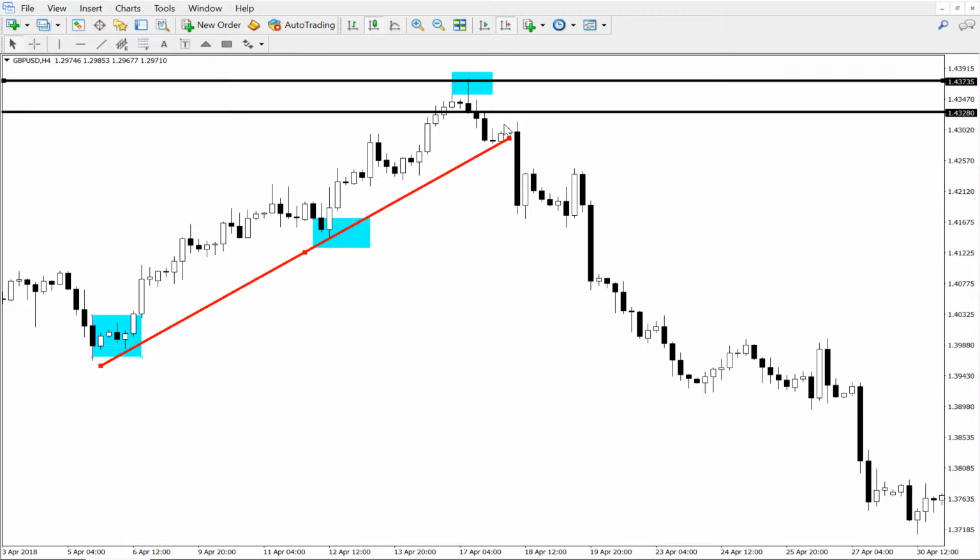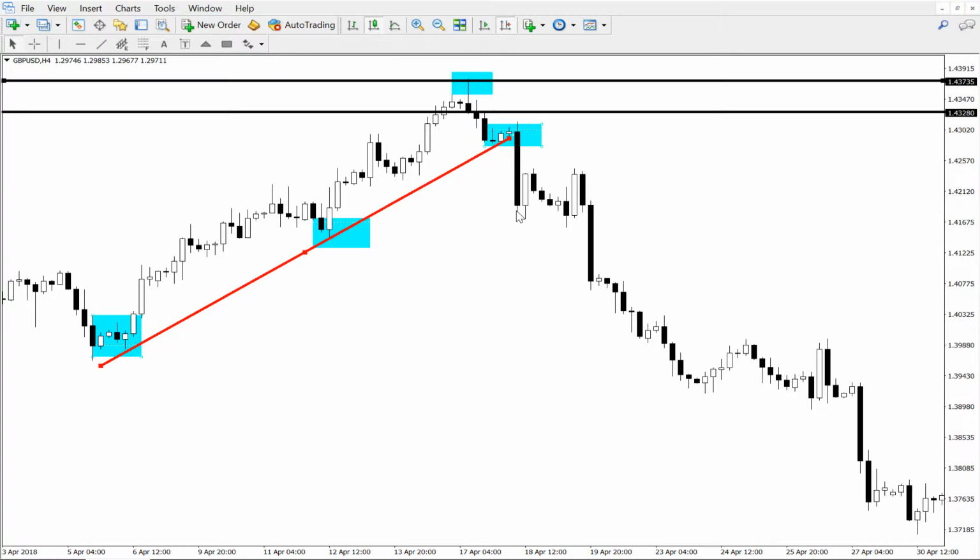Now we see price came from here to here, and then we saw a little bit of noisy market in sideways mode. But if we watch very carefully, we can see clearly that this little zone broke with just one candle.